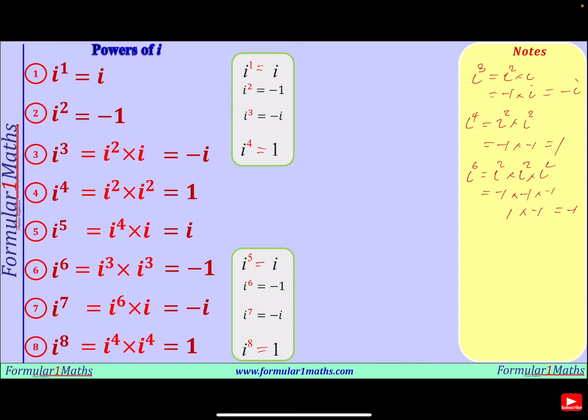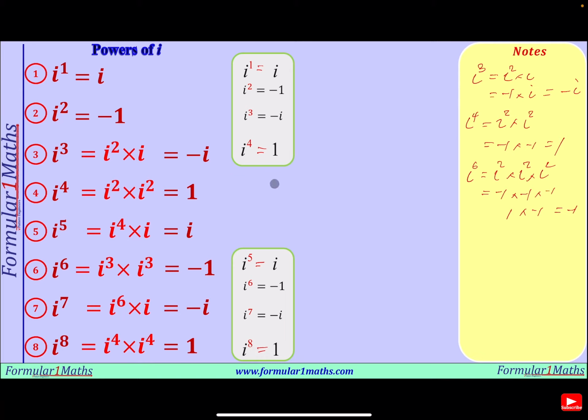If you look at it critically, there's a repeated pattern here. You see, i to the power 5 is the same as that one over there. i to the power 6, minus 1 over there. i to the power 7, minus i over here. And i to the power 8 is 1 over there.